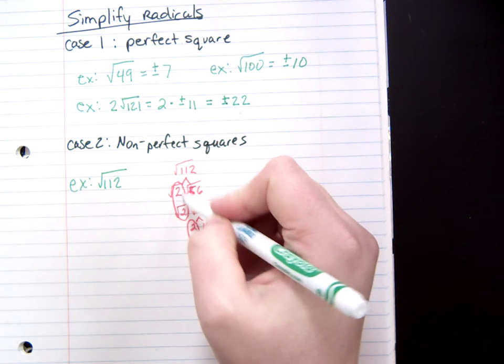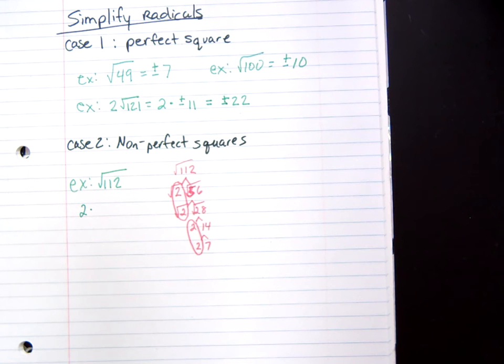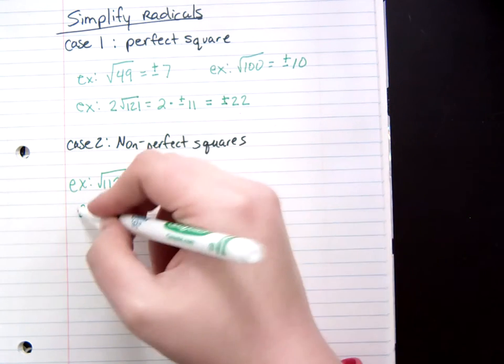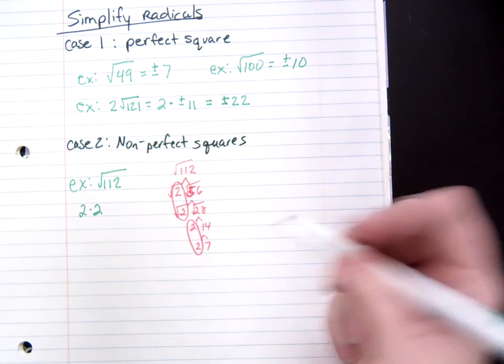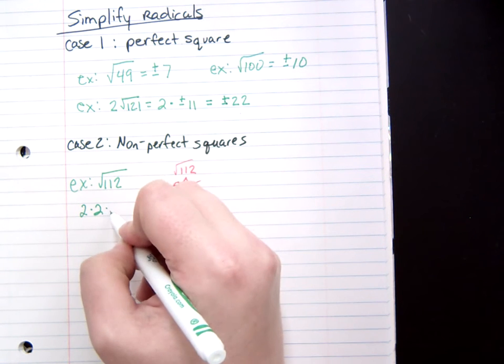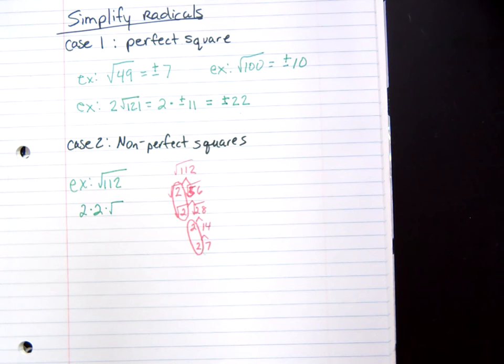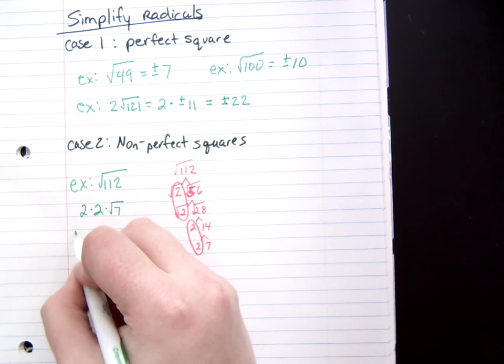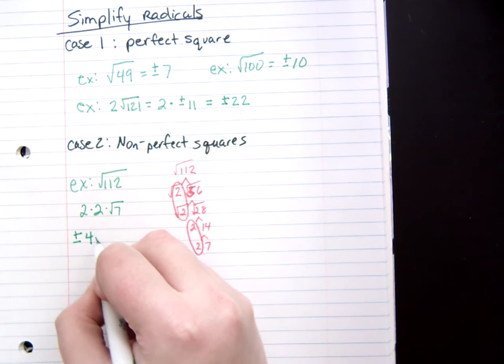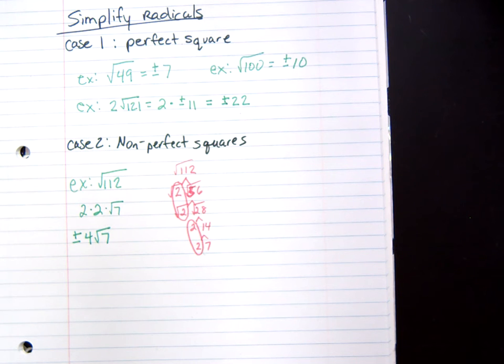So for each pair, you only pull out one of that number. And then the leftover stays under the square root. So what I get is plus or minus 4 square root of 7. If you have more than one thing left over, you are going to multiply the leftovers together. So let me show you another example.